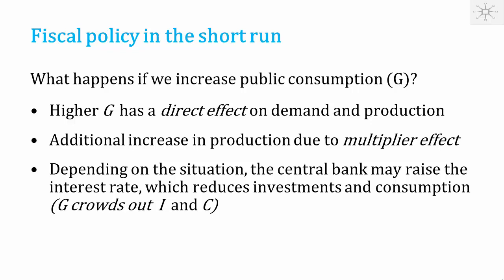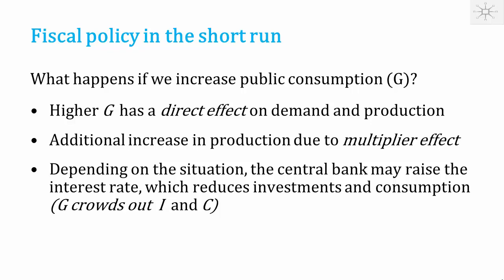First, we have a direct effect: higher public consumption is part of demand, and higher demand in the short run, when prices adjust slowly, will lead to higher production. And then we have the multiplier effect: as production increases, there will be higher income, and that will lead consumers to increase their consumption, and that leads to a multiplier effect and a further increase in demand.